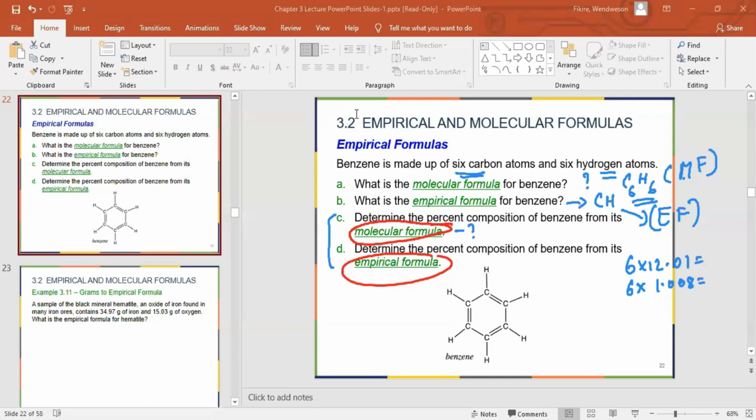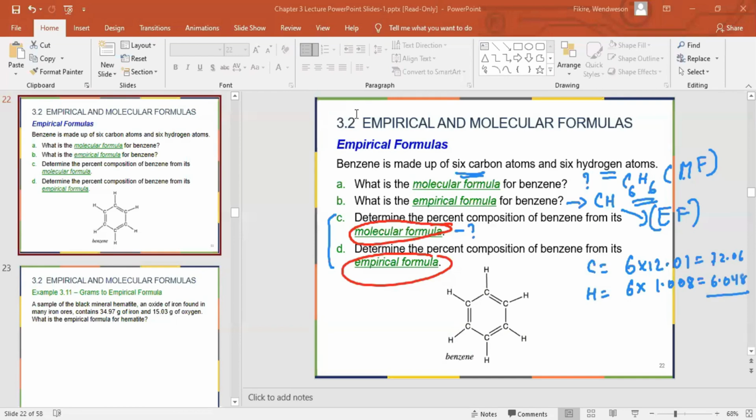Let me get my calculator. 6 times 12.01 gives 72.06, that's for carbon. For hydrogen, 1.008 times 6 is 6.048.